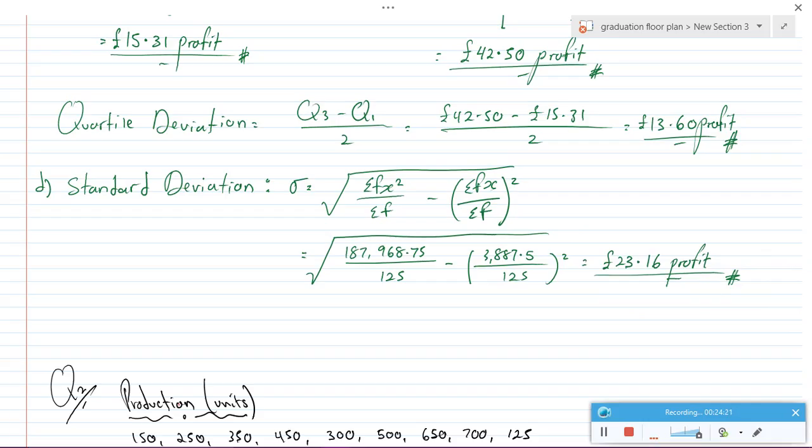Now take 62.5, go to your M, and see which number it comes within. It comes within here, right?